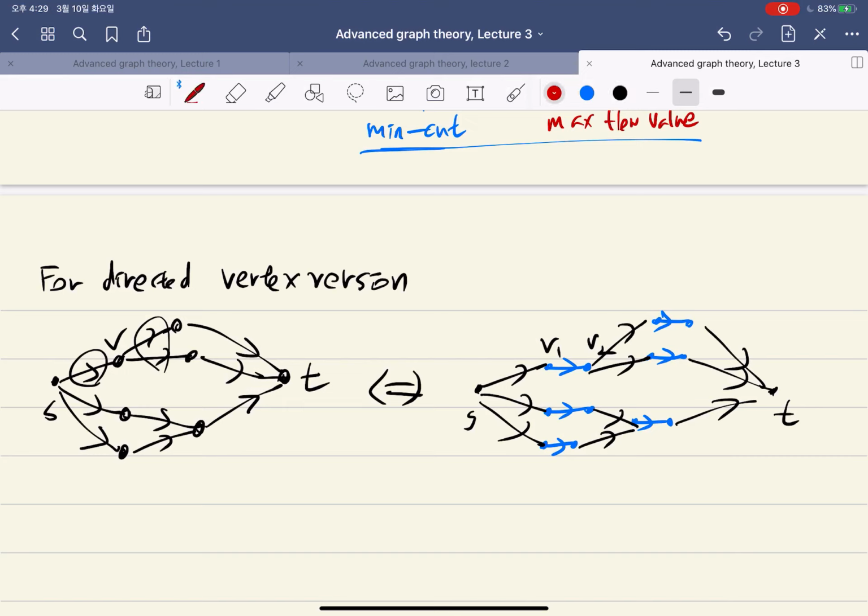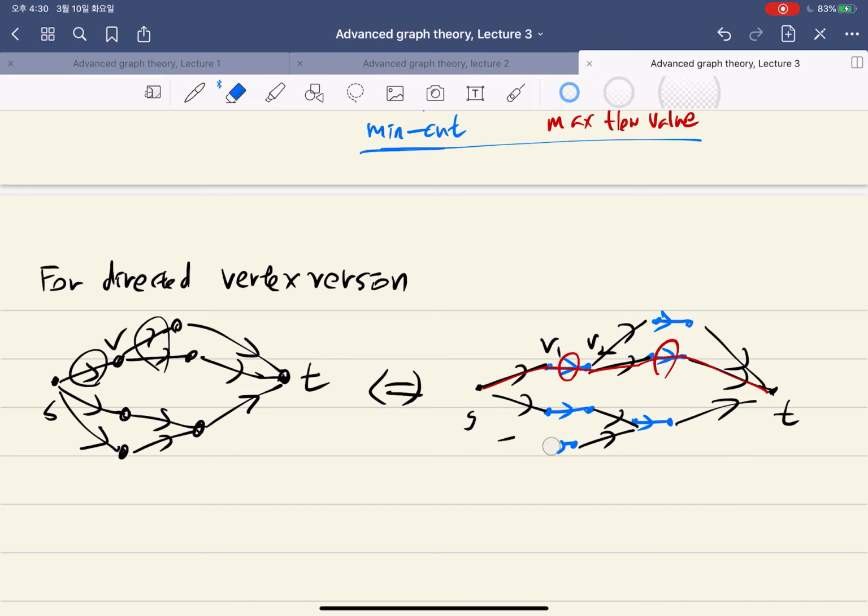Then if we have, say, 2 vertex disjoint paths here, then that corresponds to 2 vertex disjoint paths here, and the other way also holds. So if we have, say, 2 edge disjoint paths here, then this edge and this edge are used.